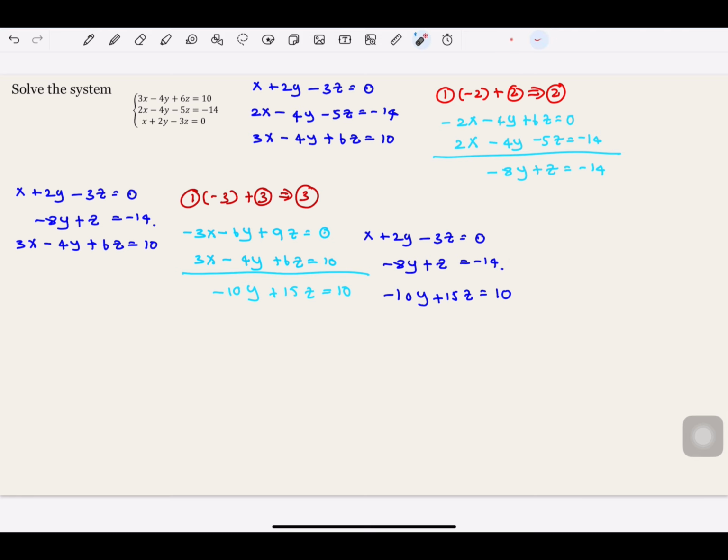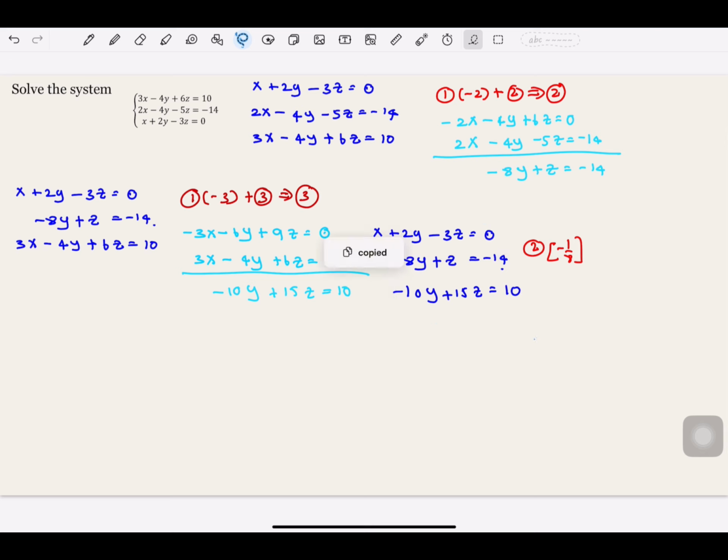So now we have to make sure that in the second equation the coefficient of y is 1, but here we have a negative 8. So to get rid of this negative 8, what I'm going to do is multiply the second equation by negative 1 over 8, which means you have to multiply each term in the second equation by negative 1 over 8.